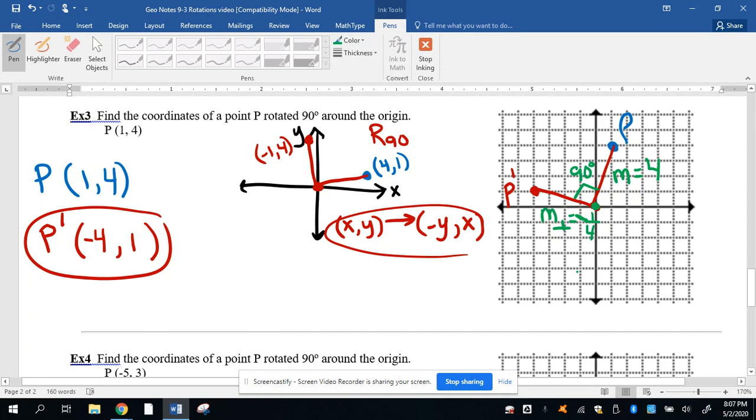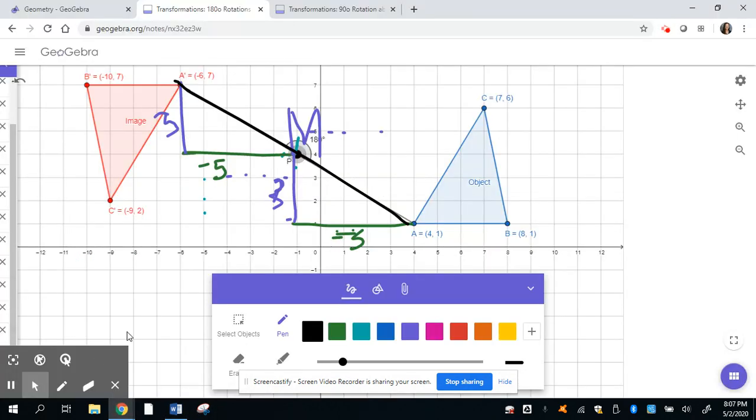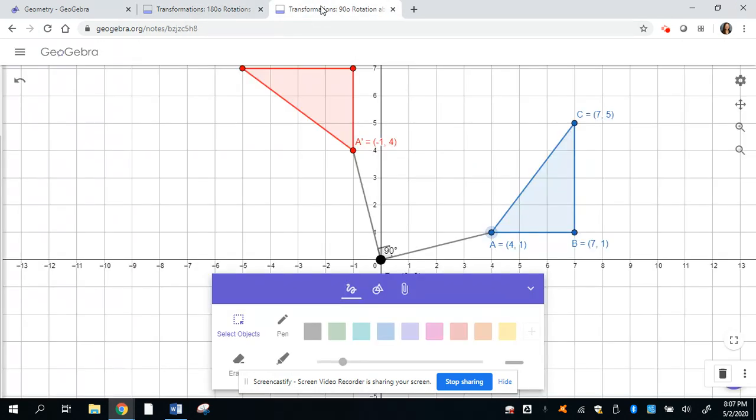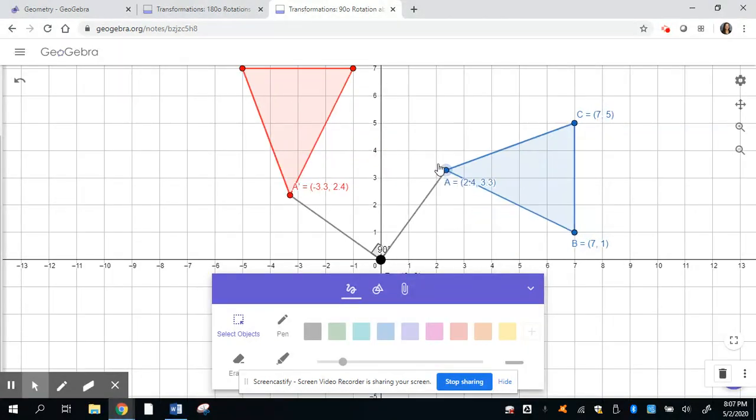Let's look at a GeoGebra example so that we can understand this concept even a little better. And so here, if I'm taking 4, 1, and I'm rotating it 90 degrees with respect to the origin, you can see it goes to -1, 4. Our problem that we just did started off with 1 comma 4.